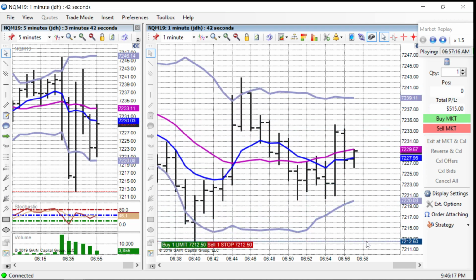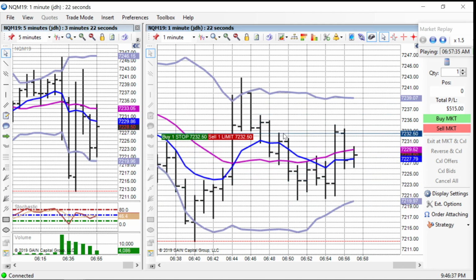But you know, if this market opened at 6:30, so we're only 30 minutes into the day here, and we're already up 5:15, just following some really safe, conservative rules here.